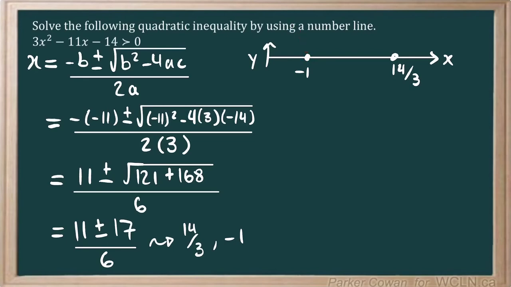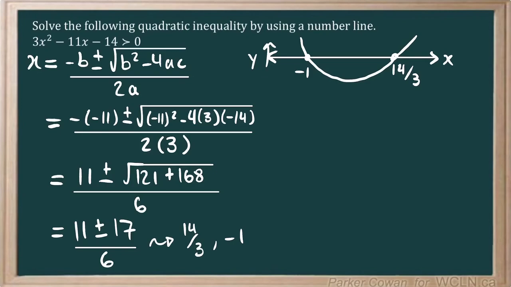above this line here. So if you were to draw the parabola on this line, it might look something like this, because we know it's positive, right? What that means is that we're basically looking for everything from negative 1 to negative infinity, and from 14 over 3 to positive infinity, right?